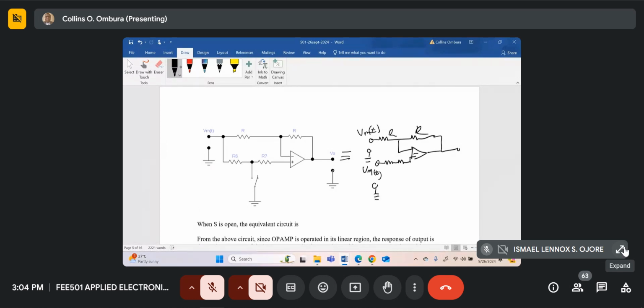This is still the same circuit, where this is R6 and this is R7, and you get V0.